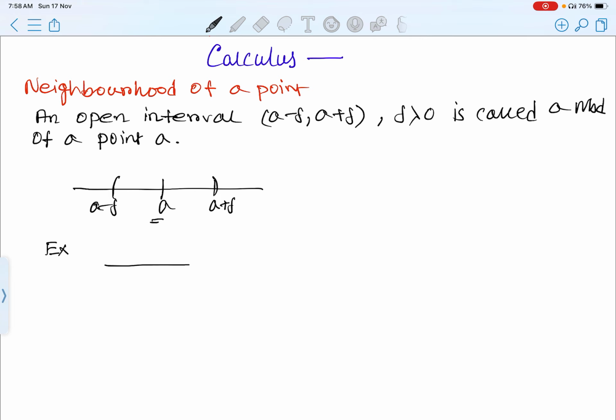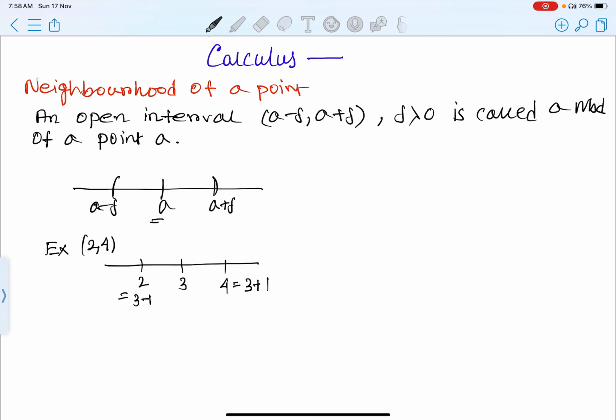Now take an example. Okay, I take (2, 4) as an open interval. Assume 2 is here and 4 is here. Can I say that this is the neighborhood of 3? Because 4 I can write as 3 plus 1, and 2 I can write as 3 minus 1.